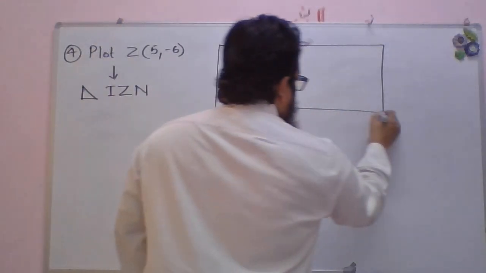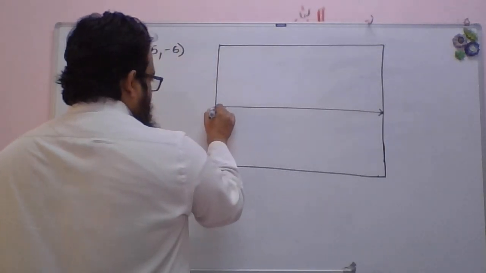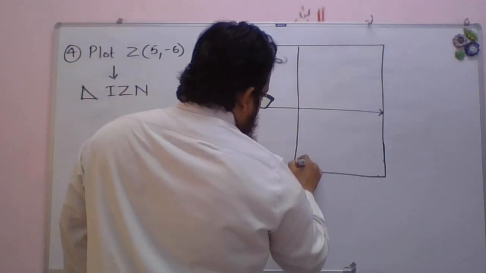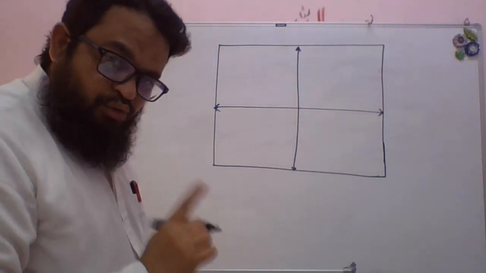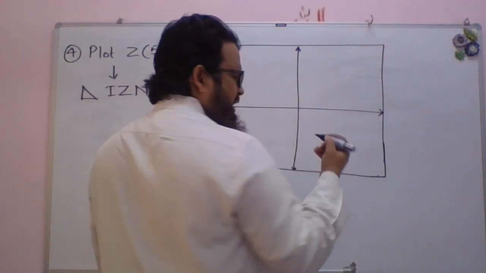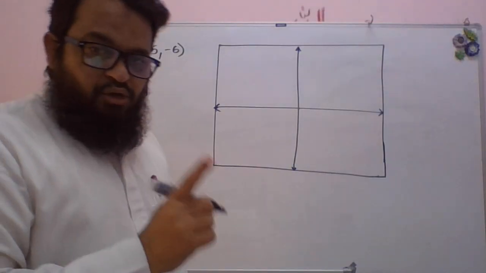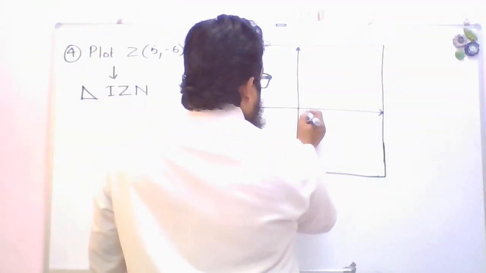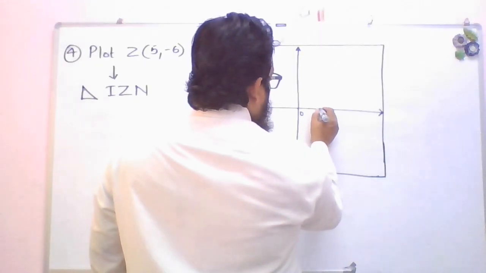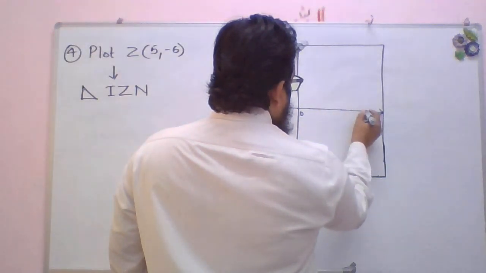So let us take a Cartesian plane. A Cartesian plane consists of x-axis and y-axis. It's a little bit curved, so you don't draw it curved. Anyway, if the question is given, you will be drawing it on graph paper. So this is 0, the origin, 1 2 3 4 5 6.